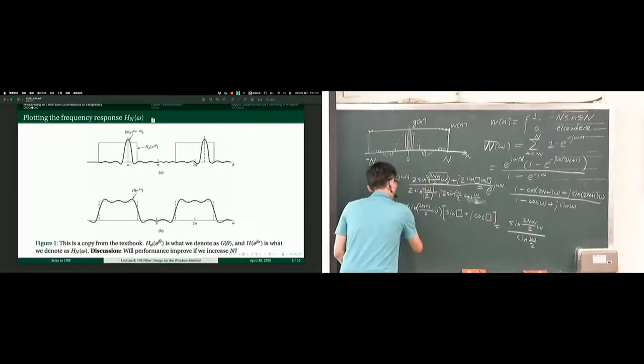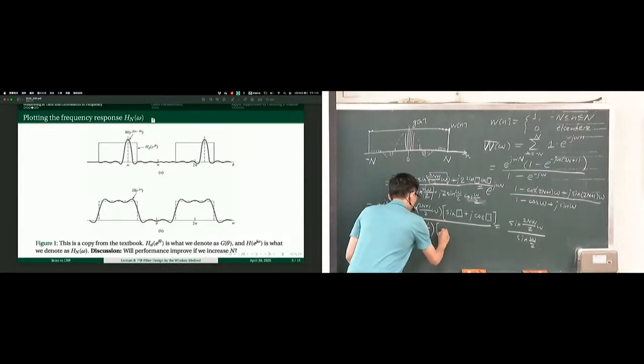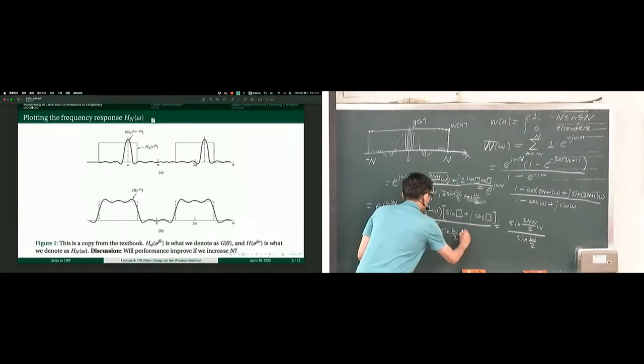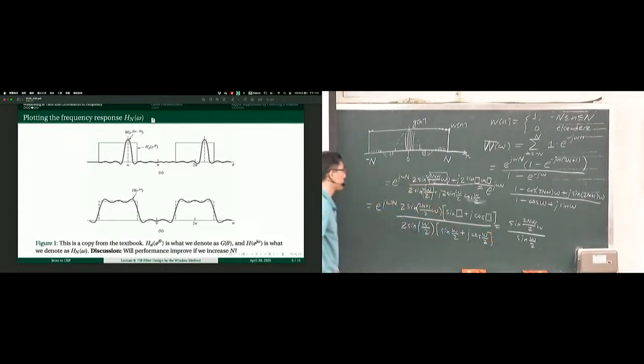So that's top. And at the bottom, we have 2 sine omega divided by 2 and sine omega divided by 2 plus j cosine omega divided by 2. Okay, yeah.